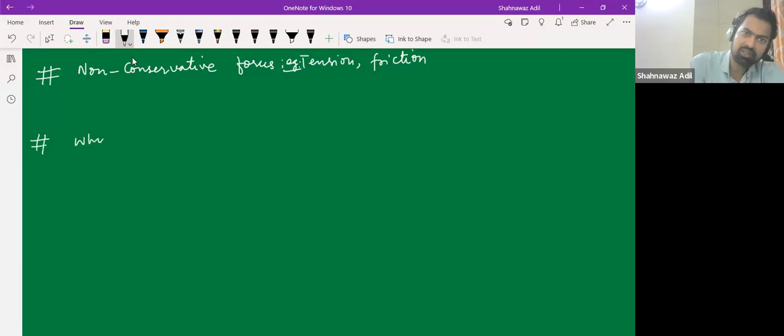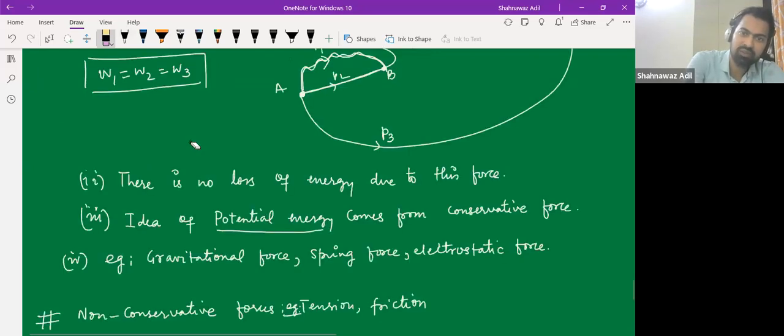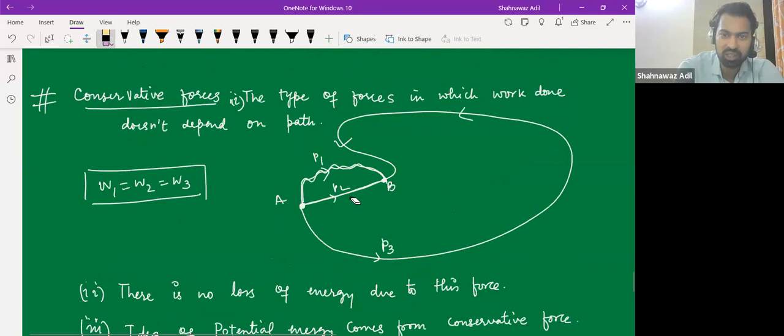Sir, please can you explain non-conservative force again? Yeah. For non-conservative forces, the work done would be dependent upon the path that you take.